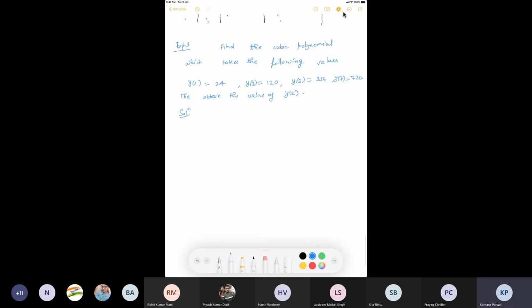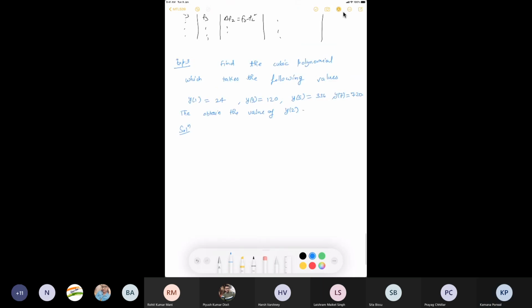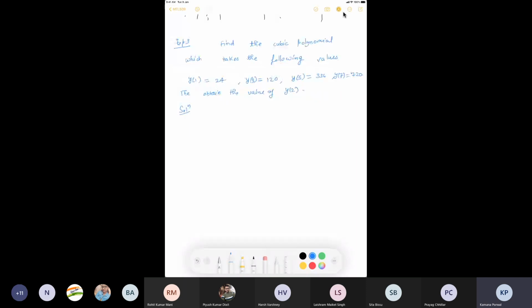So what we have to do is form the forward difference table, because the nodes are equally spaced here. You can observe that the xi's given to us are 1, 3, 5, and 7. So they are equally spaced, right?